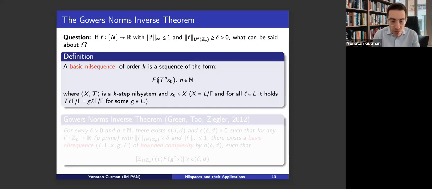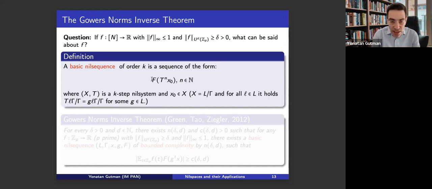It's a sequence of the form f(T^n x0). So here (X, T) is a k-step nilsystem. x0 is some point in X. And what we are doing, we are following the orbit of x0 under this T. I remind you that T is a translation, so it's achieved by multiplying cosets from the left by some fixed element g in L.